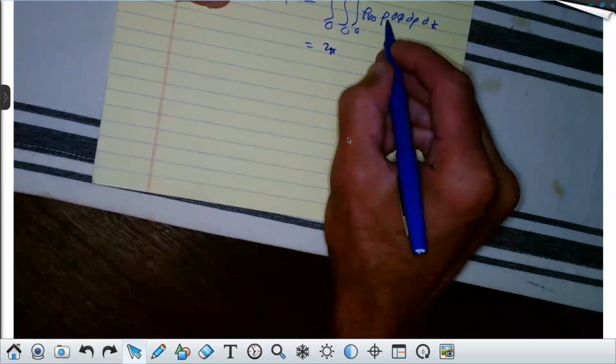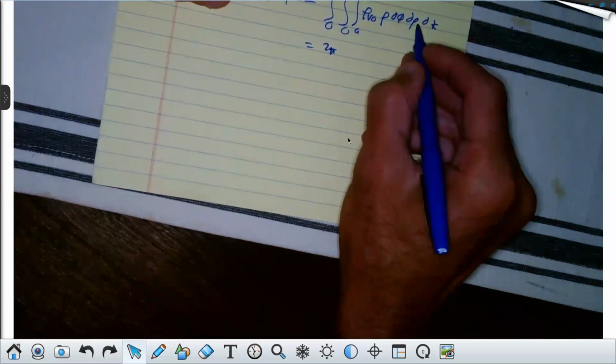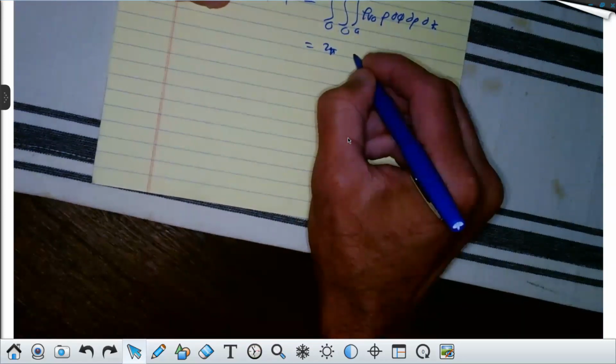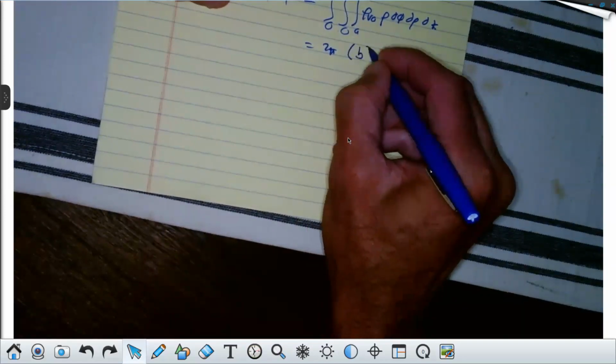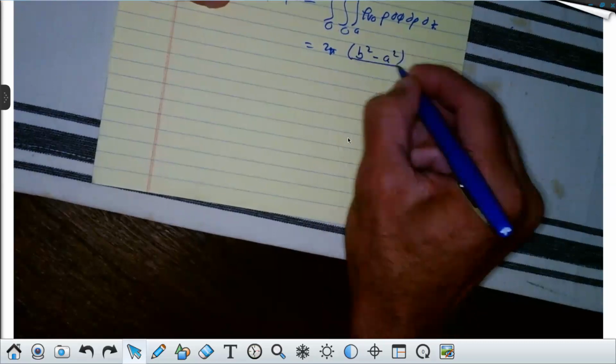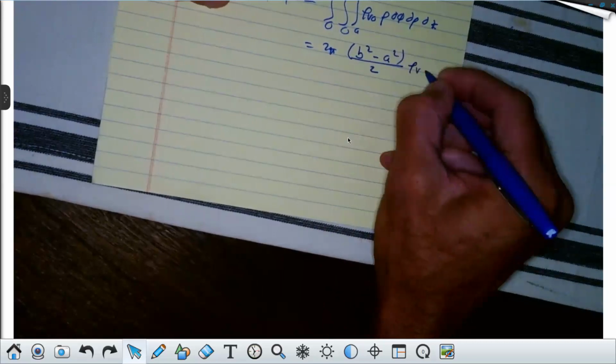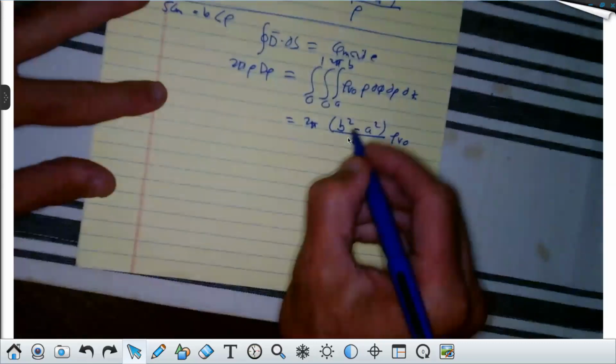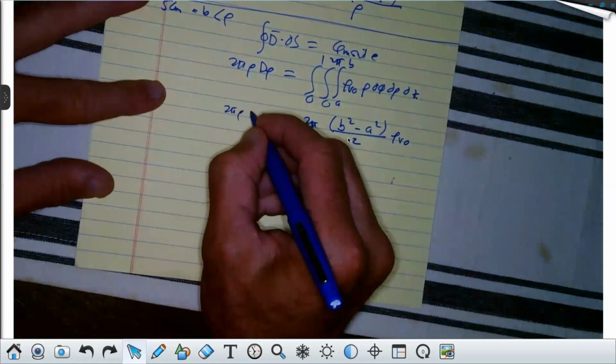Then when we integrate rho d rho, and I didn't prime it right now, but you know it would be rho squared over 2 evaluated from A to B. So now I would have simply b squared minus a squared over 2, and there would be a rho v0. You agree with that, everyone? And that's equal to 2 pi rho d rho.